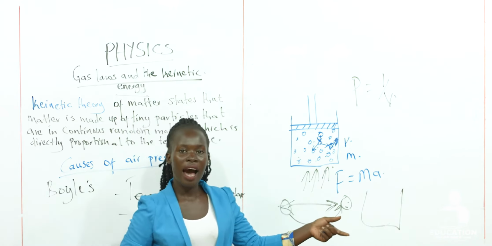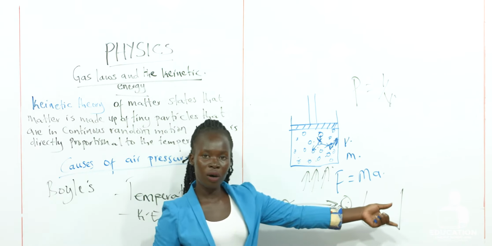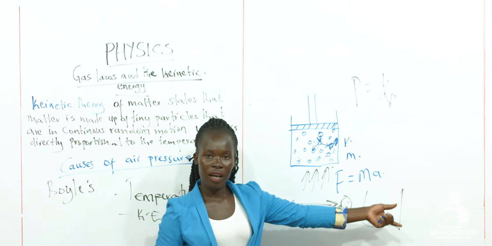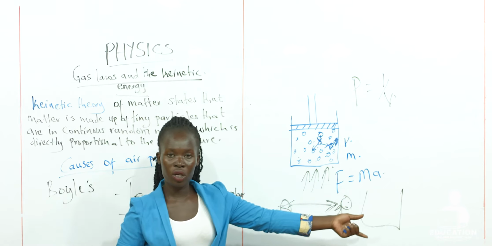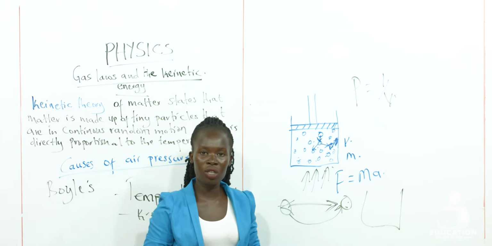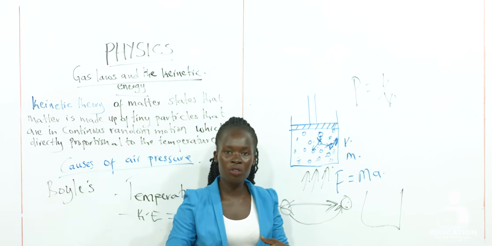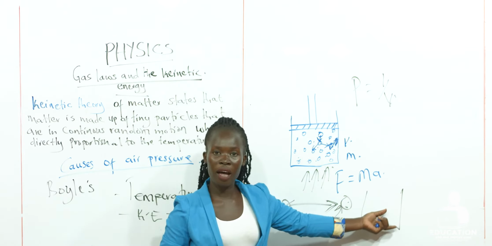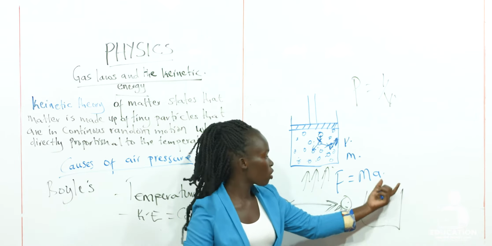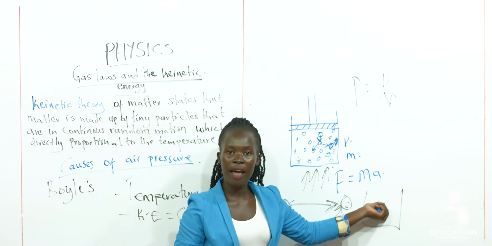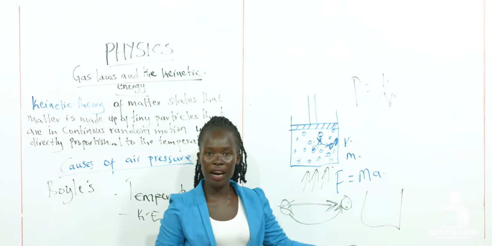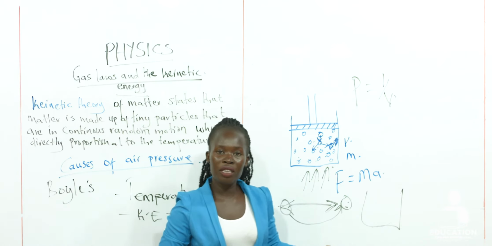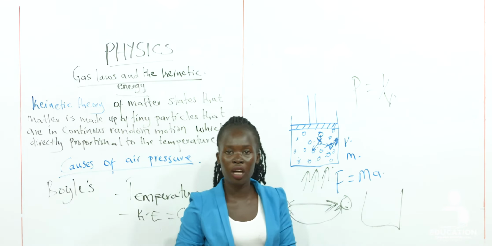So as you increase the volume of this gas, there will be less collision. And if there is less collision, you've reduced the force that it would have produced from bombarding the wall and the other molecules of the gas. So if you reduce that force, what happens to pressure?